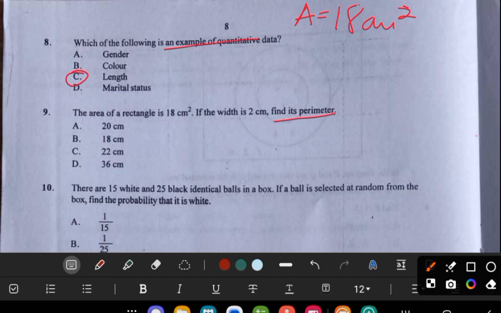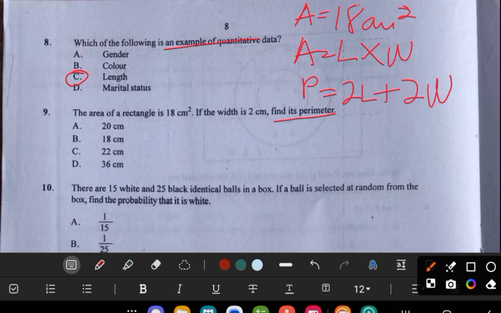Otherwise, you see, math is not really about numbers, because a lot of students think about math to be numbers. Area equals length times width. Now, we've been asked to find perimeter. Perimeter equals 2L plus 2W.